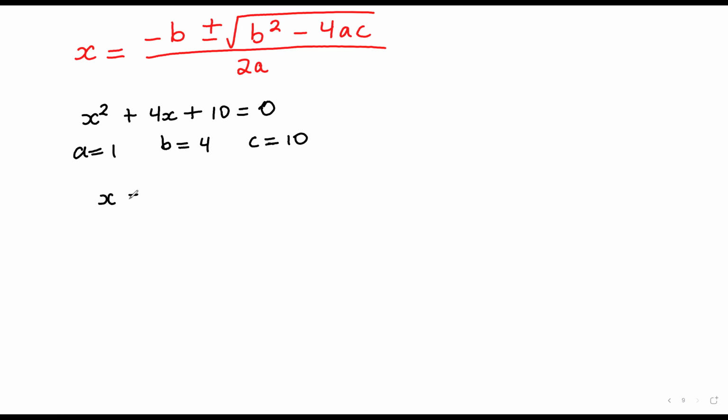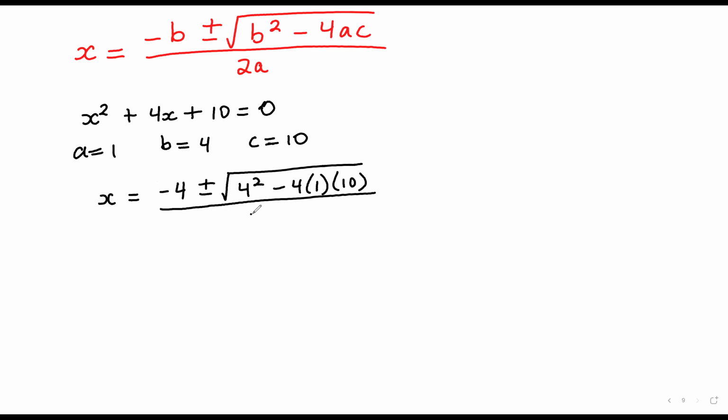We'll get x is equal to minus b, so minus 4, plus or minus the square root of 4 squared minus 4 times a, which is 1, times c, which is 10, all divided by 2 times a. In this case, a is 1.